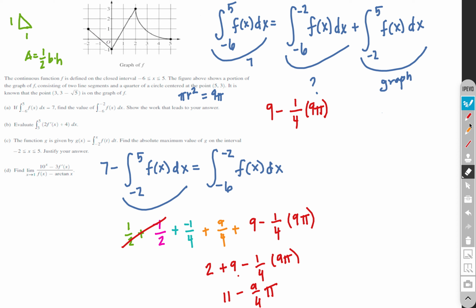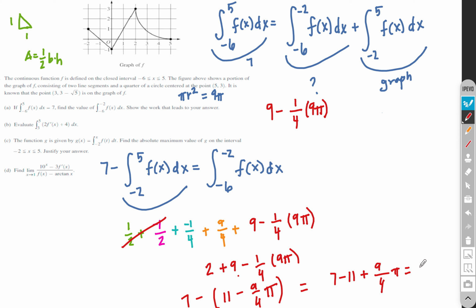So we're really close here now. Now we just need to do 7 minus the area under that curve, and then that's going to give us what we're looking for. So 7 minus this piece is equal to 7 minus 11 plus 9/4 pi.